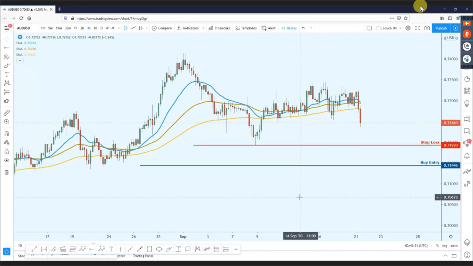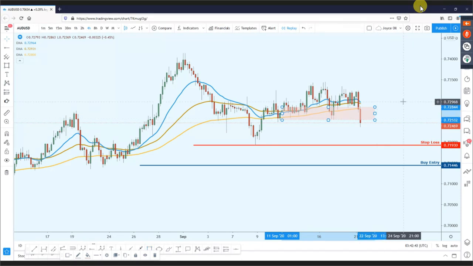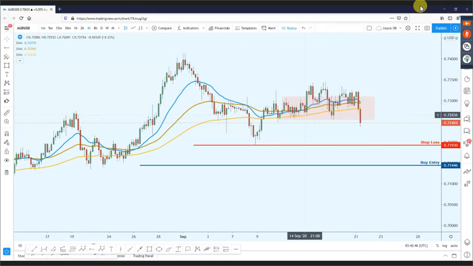Okay, so let's move on to more recent price. Okay, so you see as price comes back chopping around the river, we have a very weak uptrend. Even though the blue river is above the golden, it's very close together and price is just opening and closing around it.